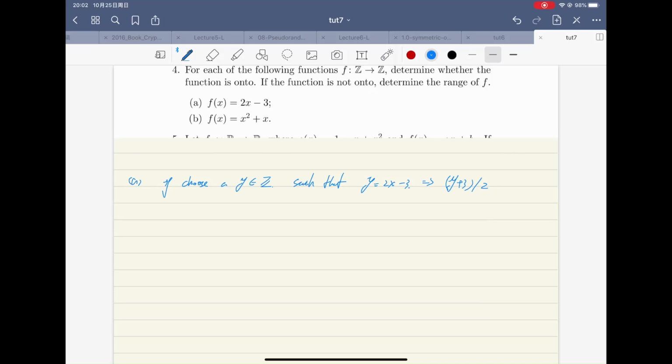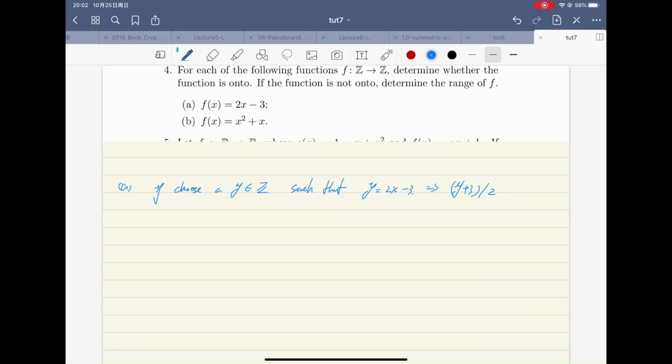We have this equation. Does it belong to the integers? We say not, right? Because if y is an even number, then the relation or equation doesn't hold.